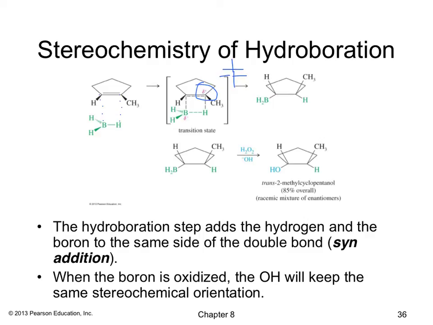So now it's coming from the bottom side, and then when you add hydrogen peroxide and hydroxide, this simply replaces with hydroxide. So this addition, when they're both coming up on the same side, is called syn addition. So when the boron is oxidized, OH will keep the same stereochemical orientation in the final product shown here.